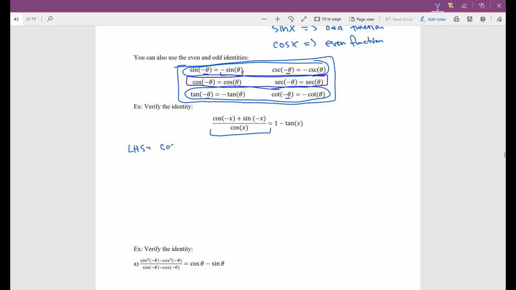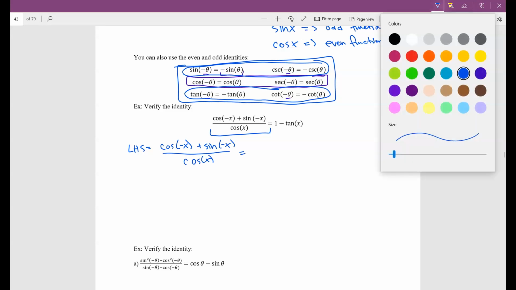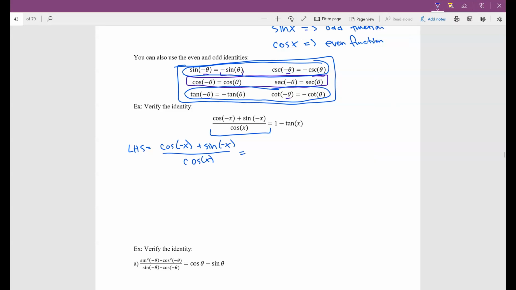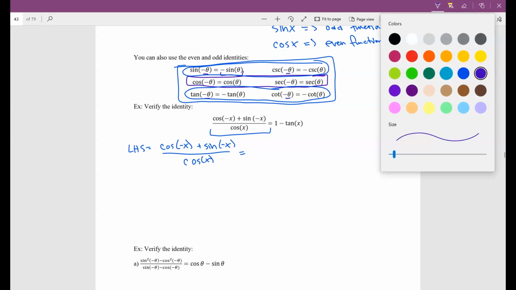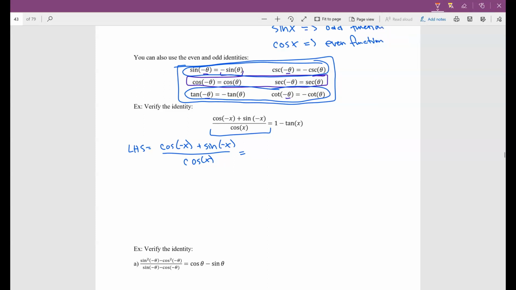So we're going to have cosine of negative x plus the sine of negative x, divided by the cosine of x. If you look at the cosine of negative x, let's take a look at what exactly that equals. The cosine of negative x is just equal to the cosine of x, just by using the even and odd identities.